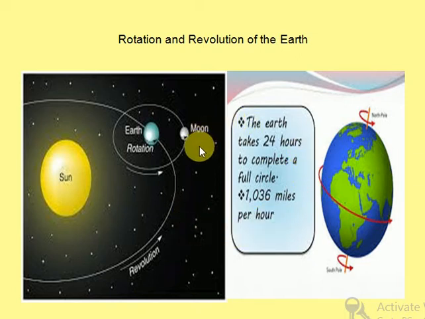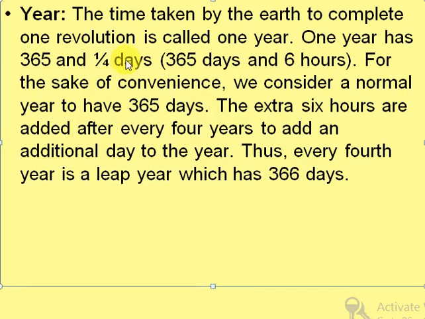And such a year with 366 days is called a leap year. So the extra 6 hours are added after every 4 years to add an additional day to the year. Thus every 4th year is a leap year which has 366 days.